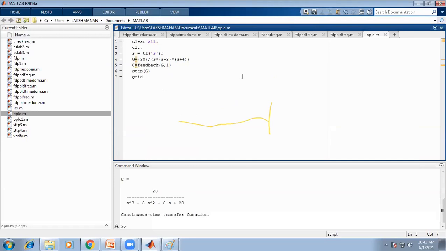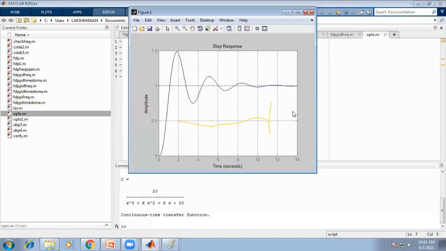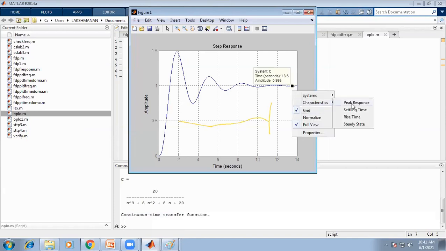In closed loop also, you just check the response. Actually, the final value reaches 1, but the peak overshoot is maximum.